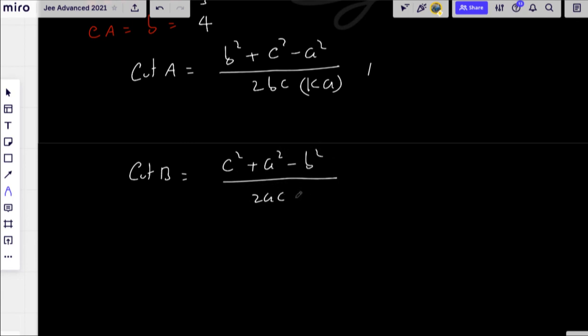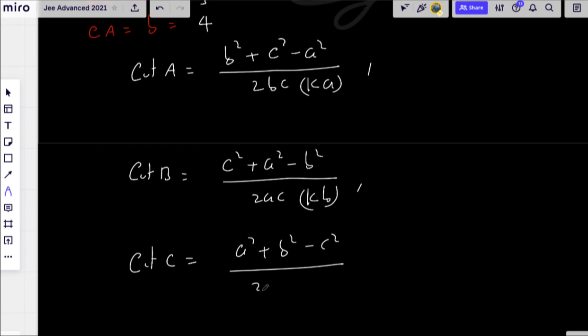This is for cos B. And what about sin B? Sin B, that is KB. Okay. Similarly, cot C is equal to a square plus b square minus c square upon 2ab, and for sin C, that is KC.